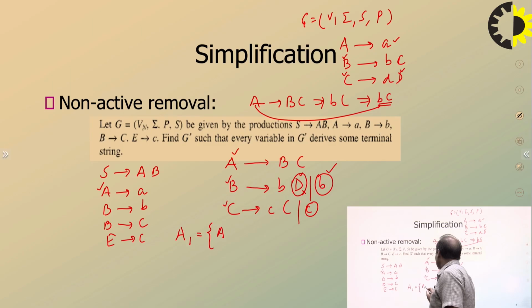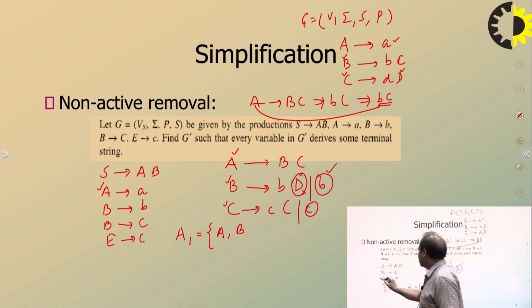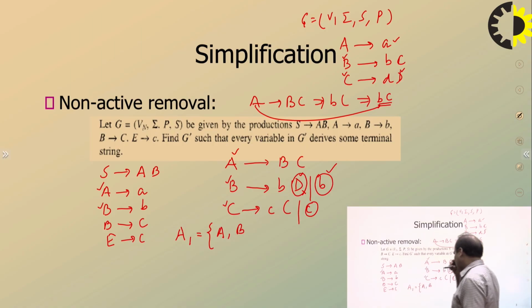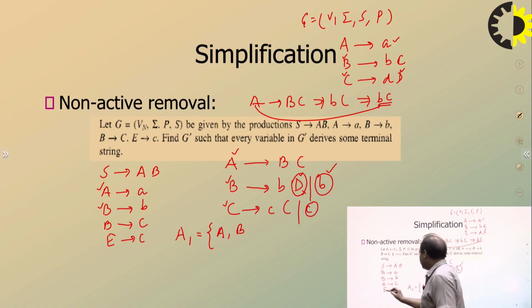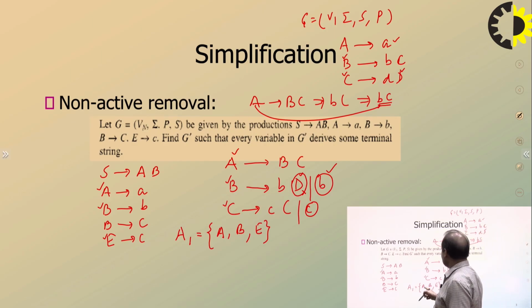B is also deriving a terminal string, so B is also in the set of active variables. In the first attempt E is also deriving a terminal string. So A1, the set of active variables, includes A, B and E.